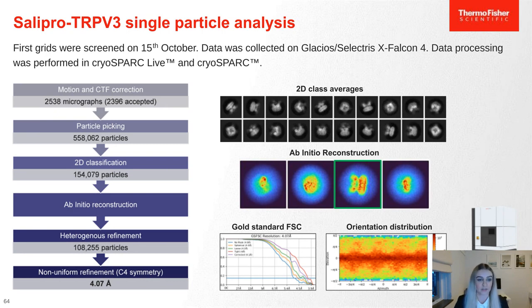And after 2D classification, I took the best 150,000 particles for ab initio reconstruction, and then the third class, the one with a green box, is the best. It shows the protein of the right shape. So I took these particles, about 100,000 particles, and performed non-uniform refinement to get a 4 angstrom reconstruction.